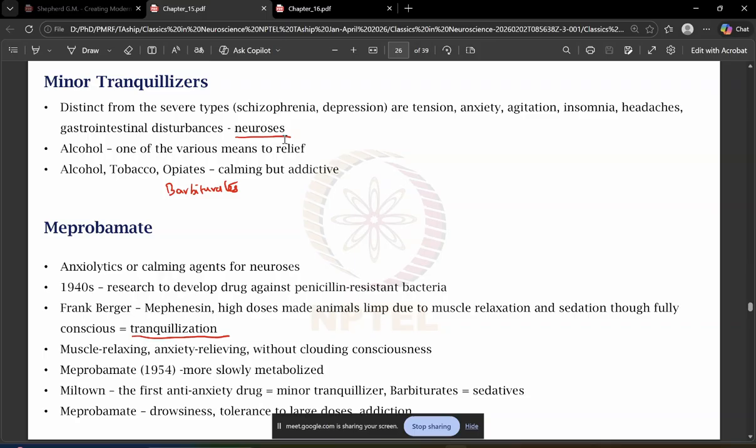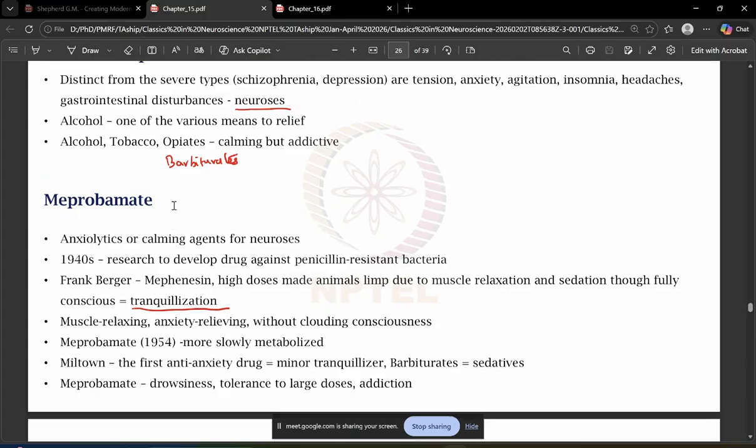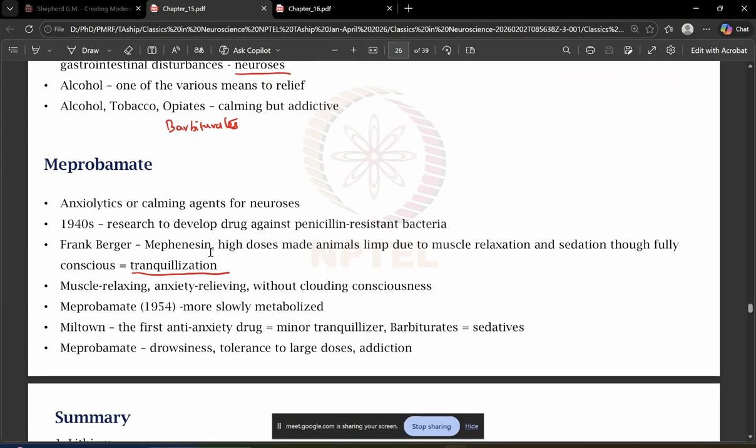But all of these, in addition to the calming effects, were also extremely addictive and not good for health. So there was a requirement for some kind of calming agents for neurosis. These were called anxiolytics, those which stop anxiety, or calming agents for neurosis.